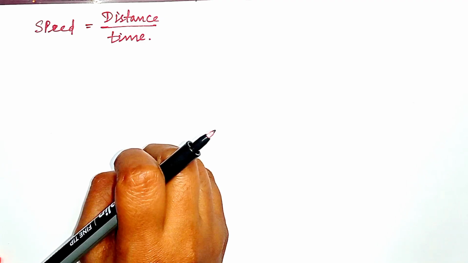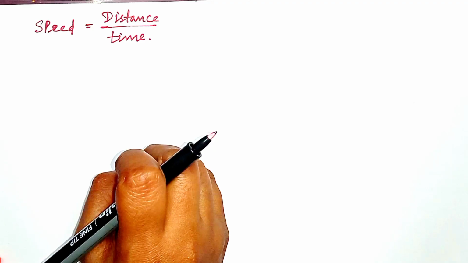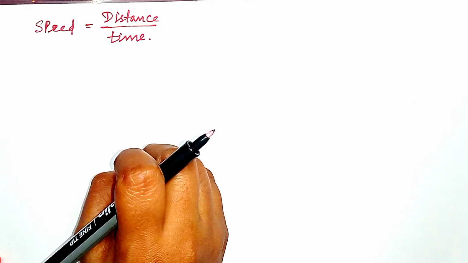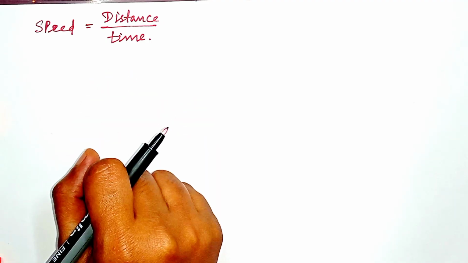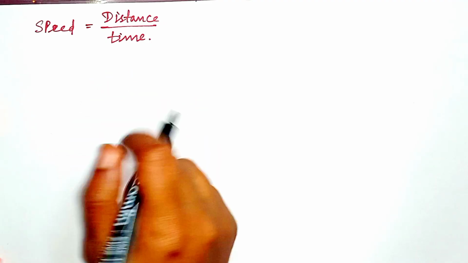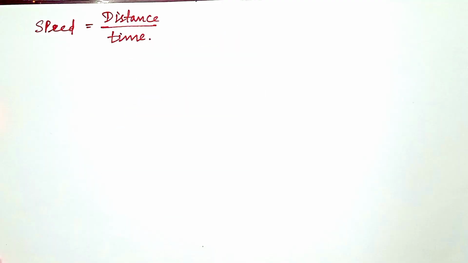So, there is one more easy method to remember this. You must have already heard that people will say you can always equate the units with respect to the definition, right?